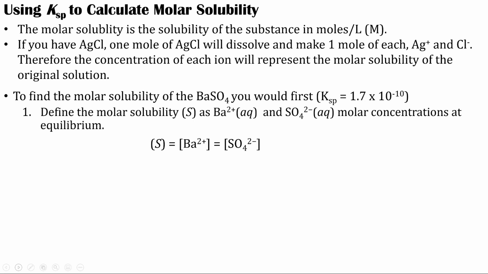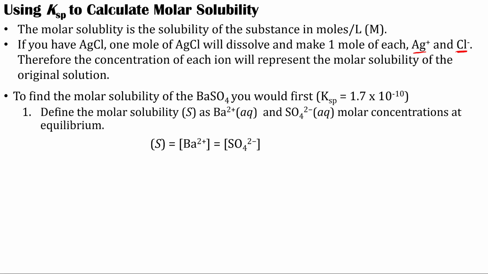All right, using Ksp to calculate the molar solubility. The molar solubility is the solubility of the substance in moles per liter, so in molarity. If you have AgCl, 1 mole of AgCl dissolves and makes 1 mole of each, the silver ions and the chloride ions.